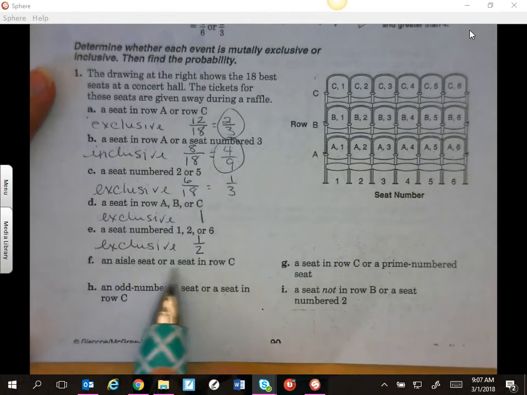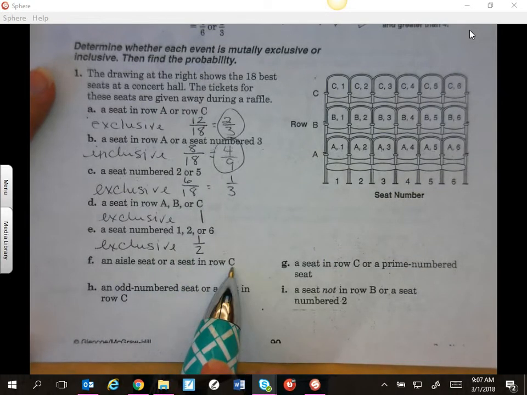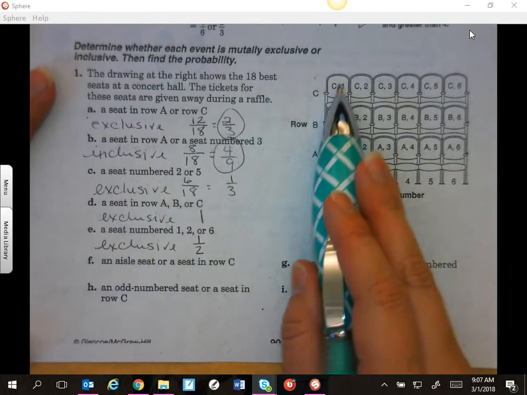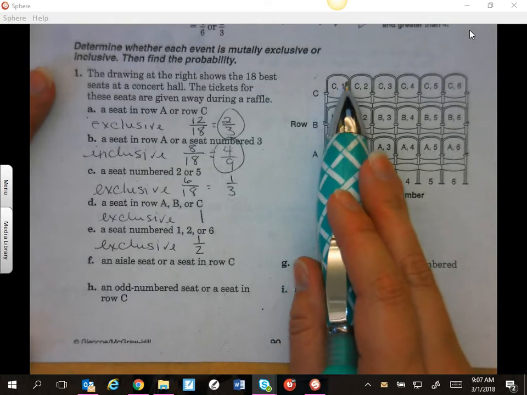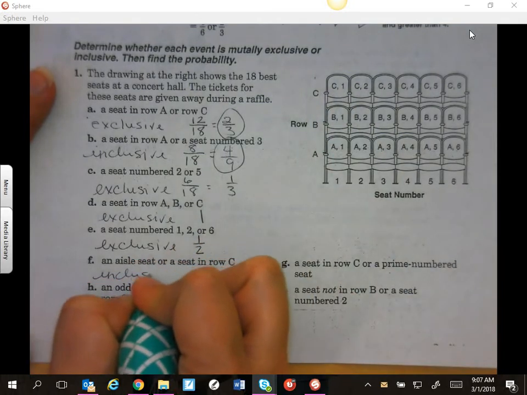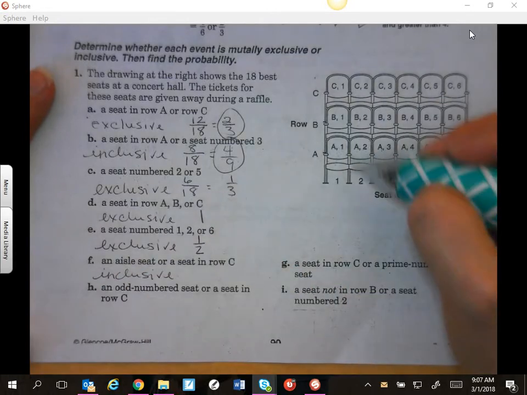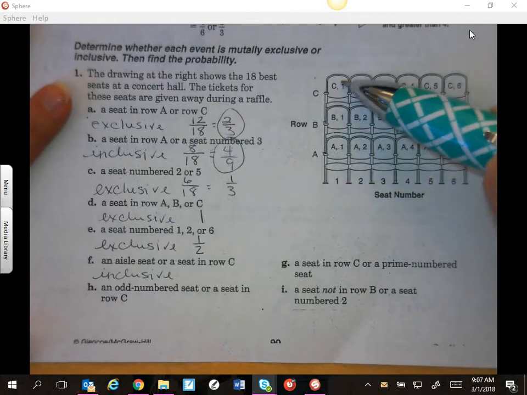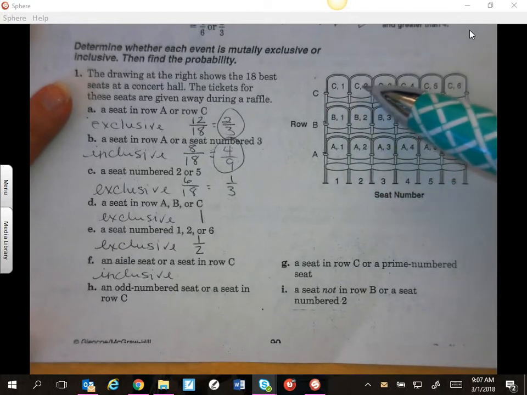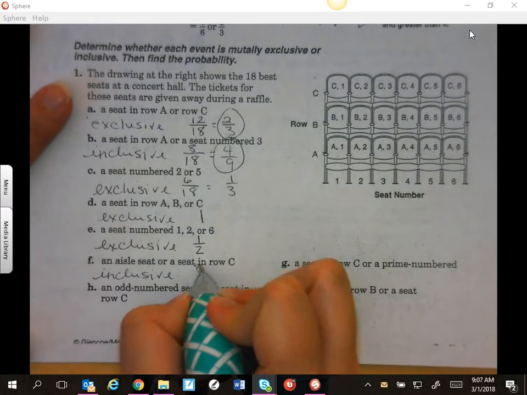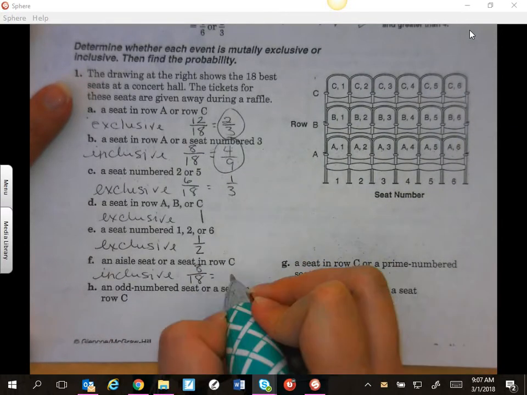Now, an aisle seat or a seat in row C. So that is going to be inclusive because that could be this one, okay? And we're going to say that the aisle seats are seats labeled 1. So then we have 1, 2, 3, don't double count this, 4, 5, 6, 7, 8 seats out of 18, which again is 4/9.